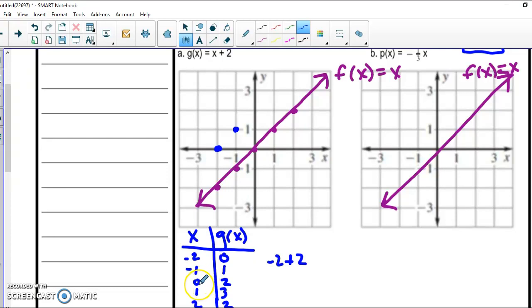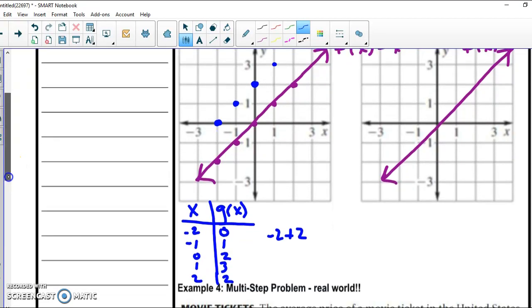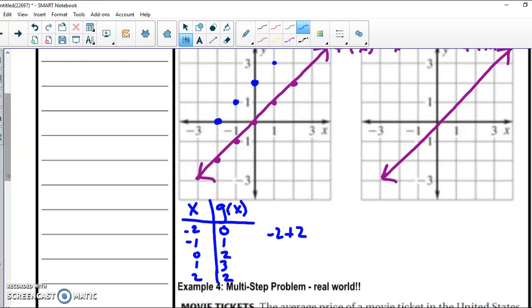So my third point is 0, 2. So from the origin, I go over 0 and up 2. My next point is 1, 3. So I'm going to go right 1 and up 3. And finally, I have 2. I'm sorry, we put 2, 2 in our table, but I should be substituting +2 into the equation.